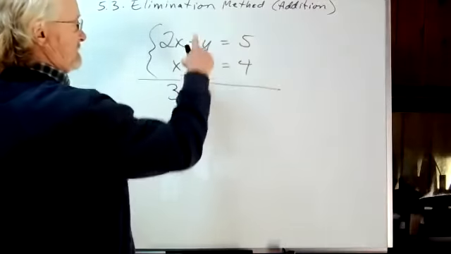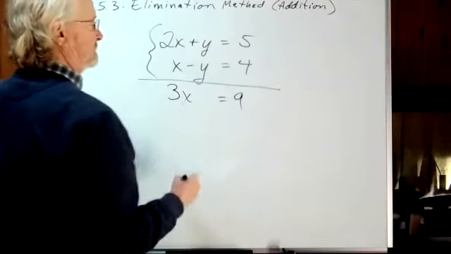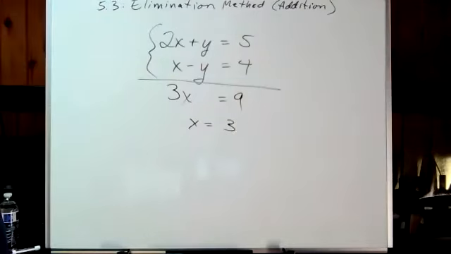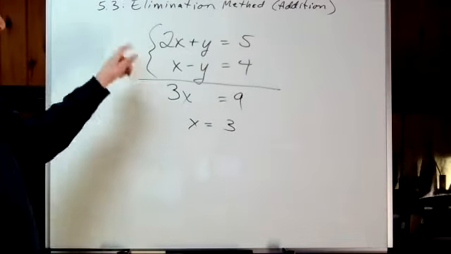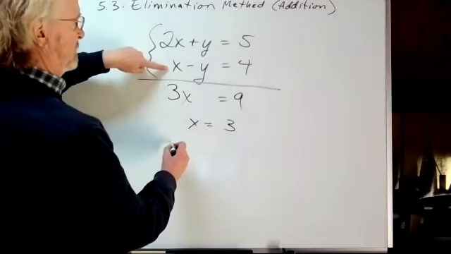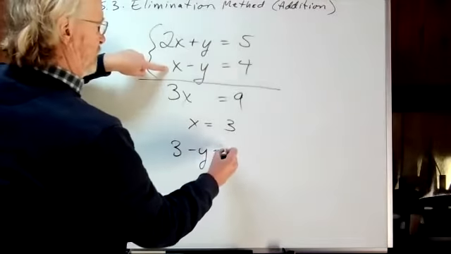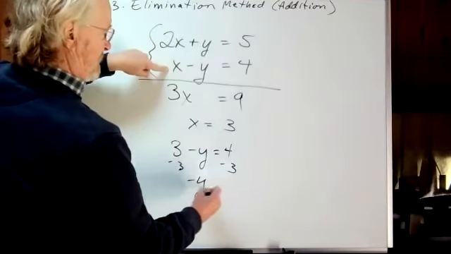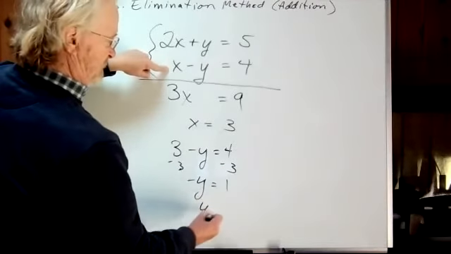I get 3 x's, the y's go away. And that's simple enough, I just do that. All right. Plug it in, let's find the other, I'll use this one. 3 minus y equals 4. Subtract the 3, negative y is 1, so y must be negative 1.